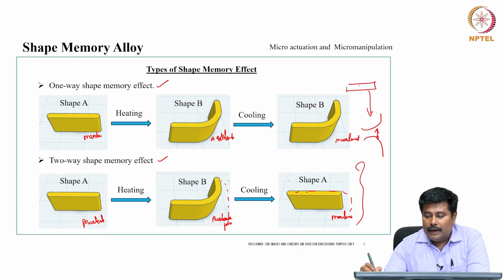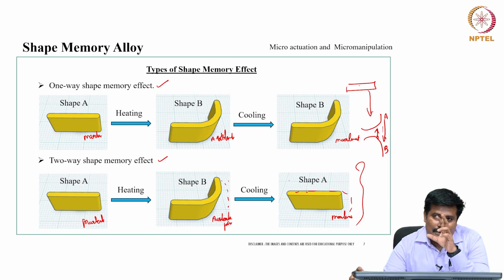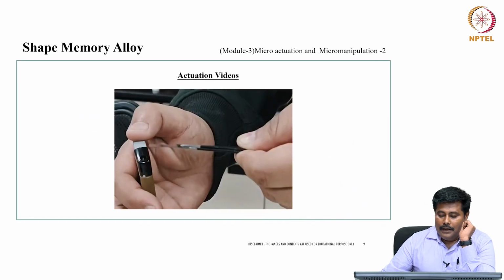First I train with geometry A, then from geometry A I train the material to geometry B. So I will be loading and unloading, that is, switching these two mechanisms to get a kind of structure. Okay.